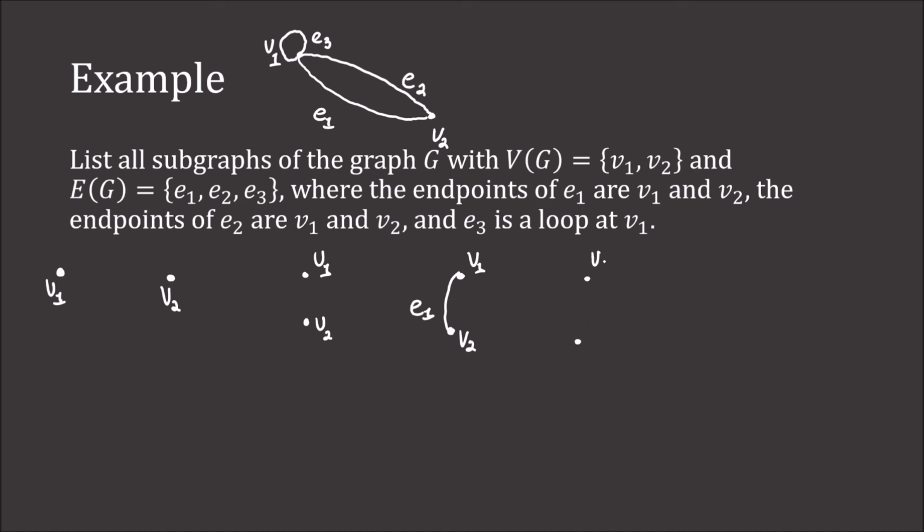Alternatively, we could do this: both vertices but only edge 2. We could do this: only has the first vertex, but it has the third edge. We could also do where it has V1, E3, and V2 but no other edges.